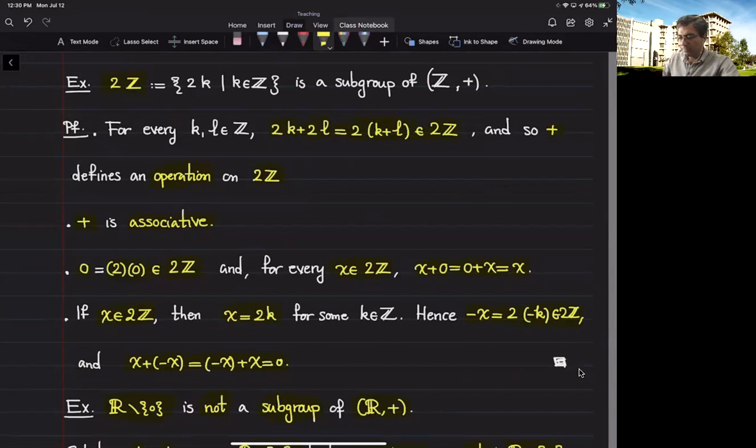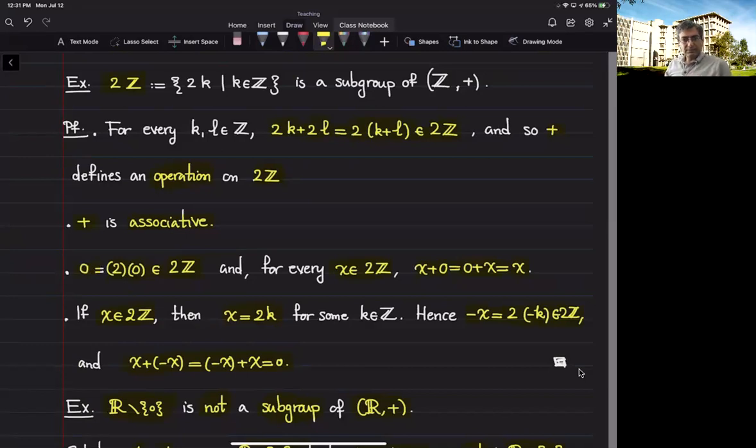The other thing is finding inverses. I don't need to check this again if I know that my set is closed under finding inverses and it is closed under my operation, whatever it is. I automatically deduce that the neutral element is also there.